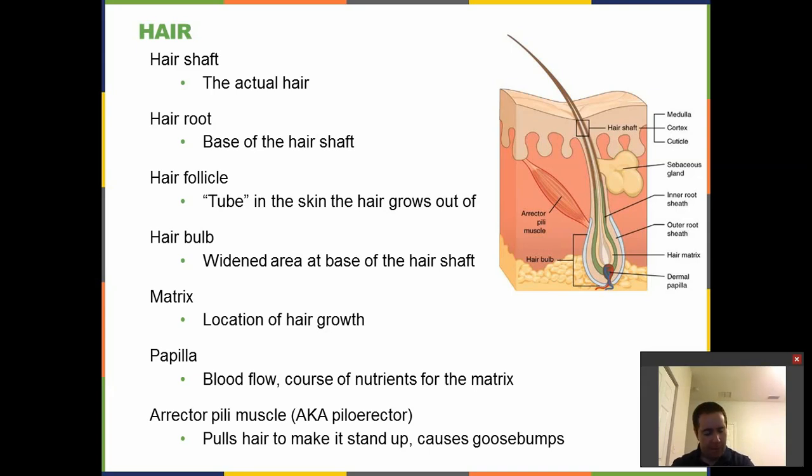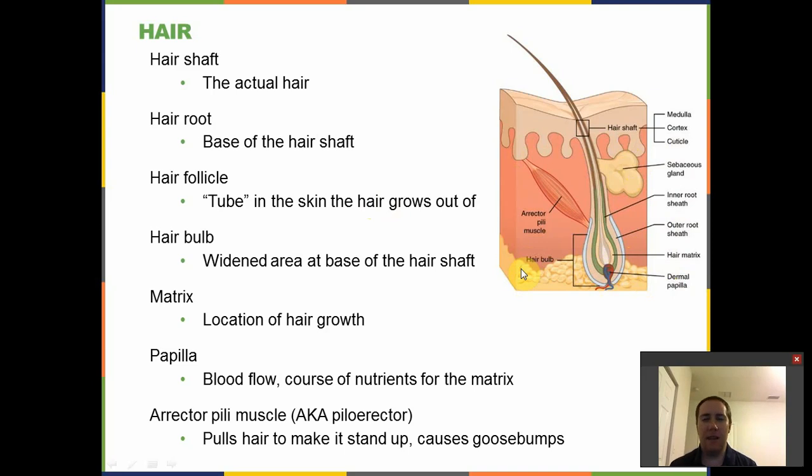So let's pick up where we just left off. We were about to talk about the hair. Now remember, the hair is considered part of the integumentary system. It is buried in our skin. This diagram shows it kind of half in the dermis, half down in the hypodermis, the subcutaneous layer.